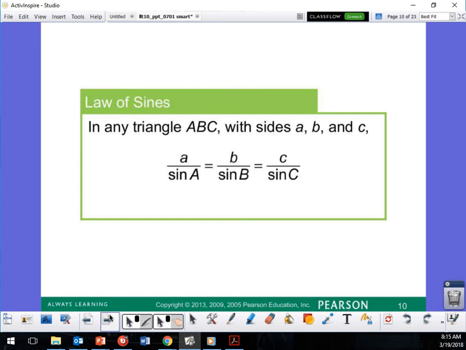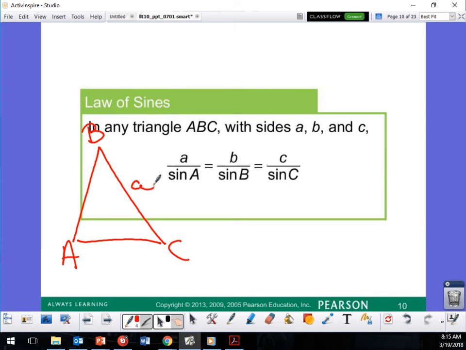When I set up my triangle, capital A refers to the angle, and little a is the side that is across from that angle. If I draw a triangle and call the vertices A, B, and C, little a would be between which ones? B and C. Very good.